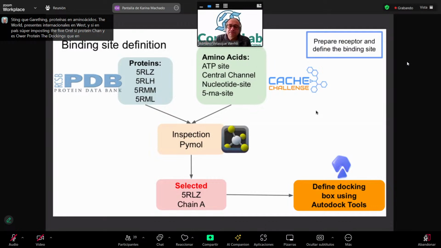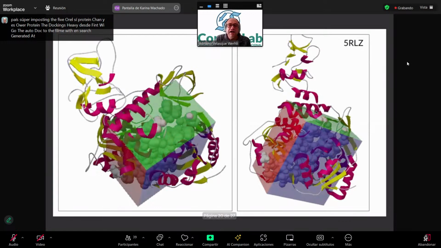Having this defined, we go to AutoDock Tools to define which will be our search box. Next slide, please. And this is just 2 figures of AutoDock Tools where we plotted only the cartoon of the 5RLZ protein and all the amino acids that were listed as interacting.